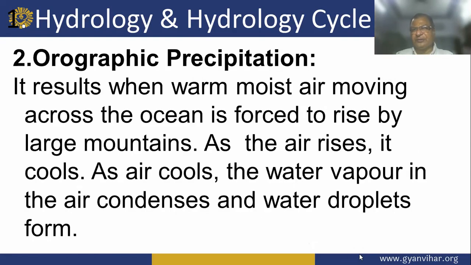Second, orographic precipitation. It results when warm moist air moving across the ocean is forced to rise by large mountains. As the air rises, it cools, and the water vapor in the air condenses and water droplets form.